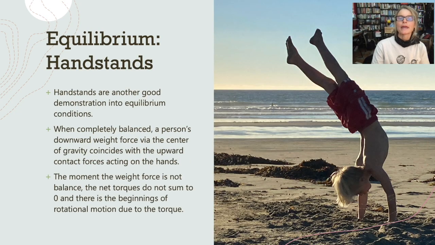Okay, and if you ever do handstands, you know it could be quite a feat trying to stay in static equilibrium. So it depends on your center of gravity. So if you assume the center of gravity of this little guy, my son, is going downward, that will be balanced by the hand forces pointing upward, the support of the hands. Okay, and a little bit of a wobble, and all of a sudden the system is no longer in equilibrium.